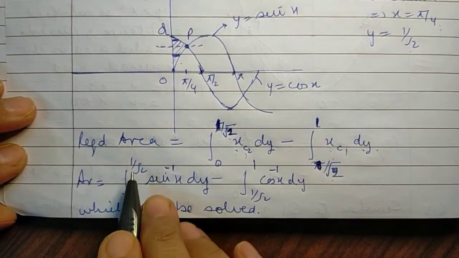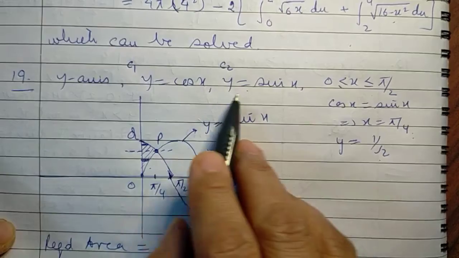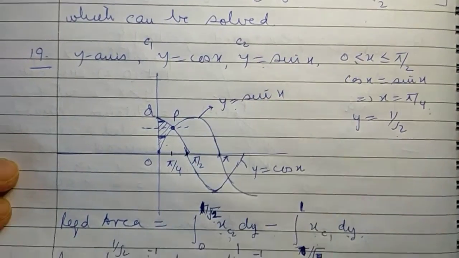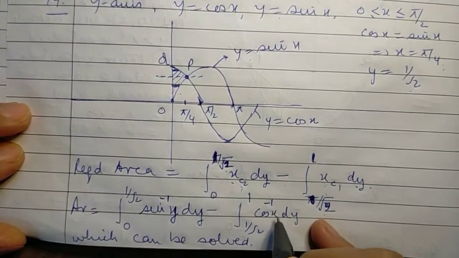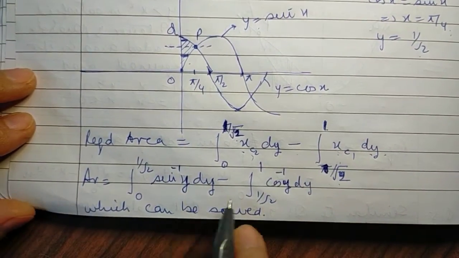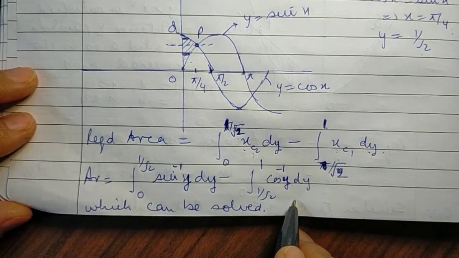Now x on the curve y equal to sin x would be sin inverse y, and x on this curve would be cos inverse y. So we solve it and get the required result.